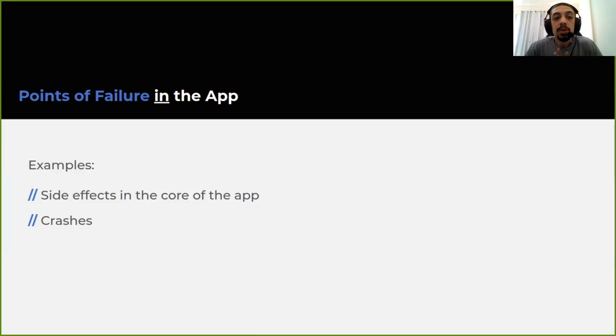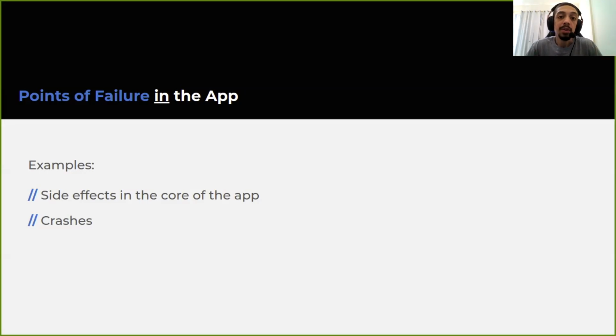When it comes to points of failure in the app, there are a few examples, like side effects in the core of the application. If you work in a code base where you have some specific module or internal library or a specific class that is reused by different parts of your application or different features, and you change something in this part just to meet a new requirement for your feature, if you don't take care about how this change can impact other parts of your application, you might have side effects that will be noticed only in production.